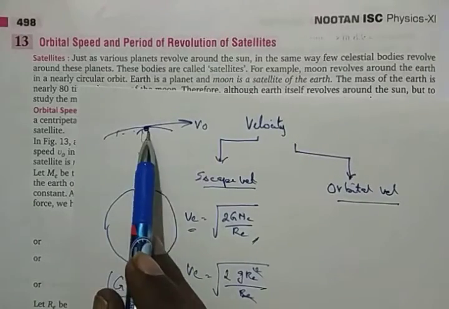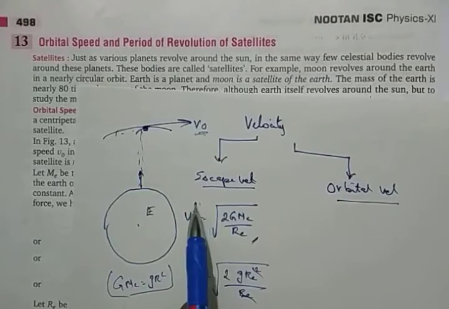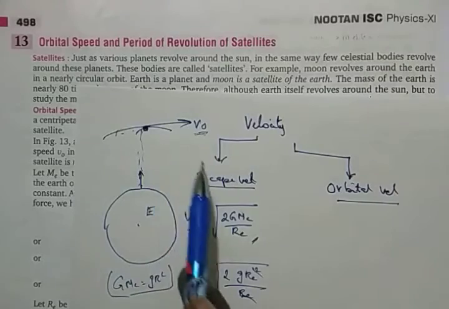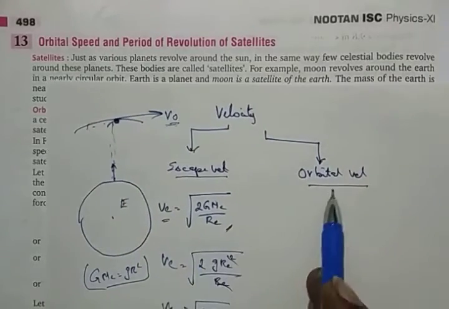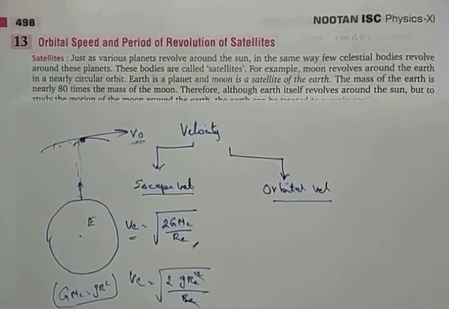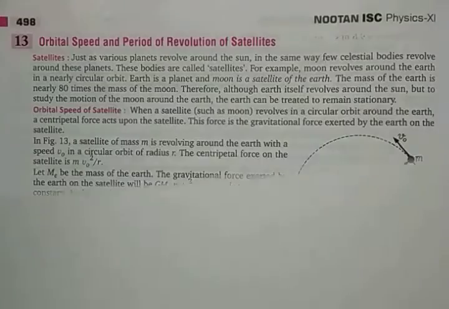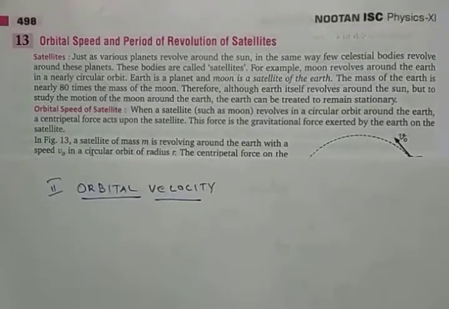So the push that it has been given, the minimum velocity given to the satellite or to the body to move in the circular orbit, is called orbital velocity. So we are going to see about orbital velocity, right?